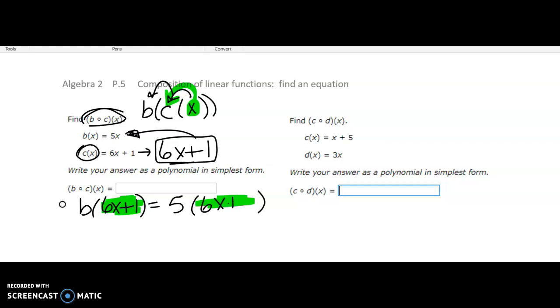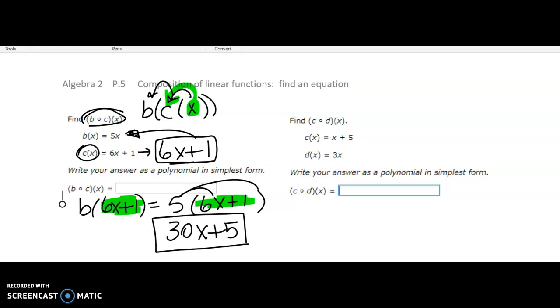So 6X plus 1, and then you simplify. So we're going to distribute. So 30X plus 5. Those are not like terms, so that is going to be your answer.